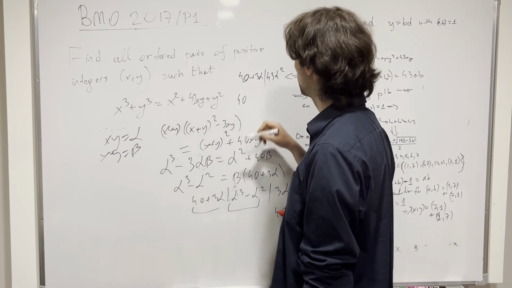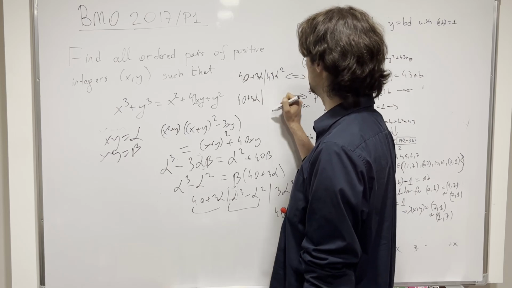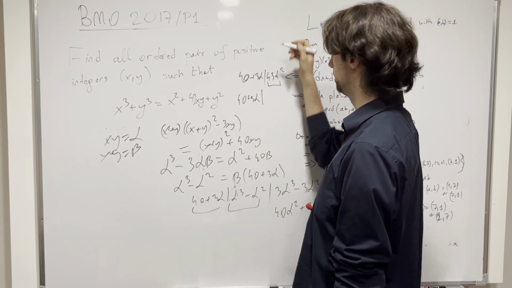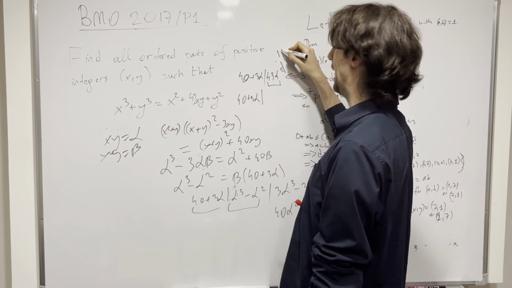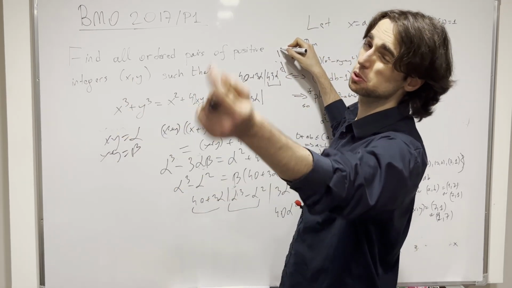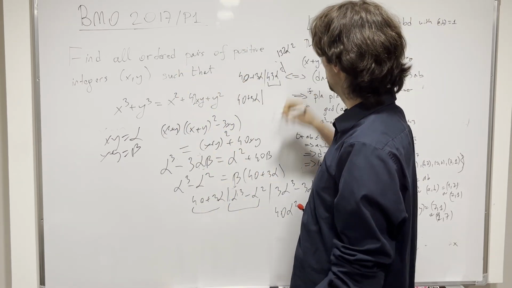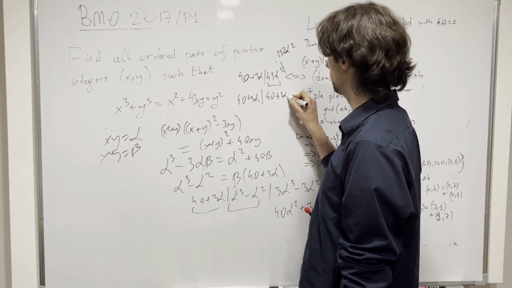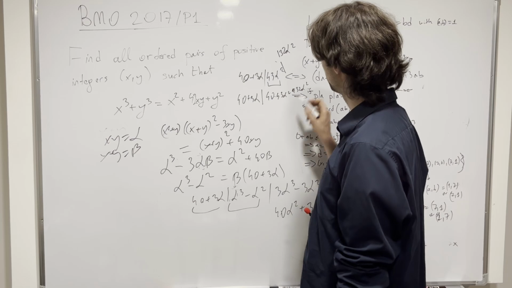So then I have 40 plus 3 alpha also divides, I can't deal with 43 alpha, I need to multiply by 3. So I get this actually divides 43 times 3 is equal to 129 alpha squared. Then this divides 40 times 43 alpha plus 129 alpha squared.